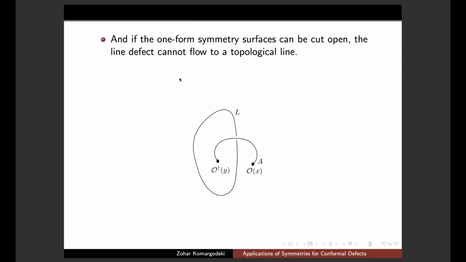A less trivial statement is that if the one-form symmetry surfaces can be cut open, sometimes people say that this means that they're endable, then you can make a much more impressive inference, which is that the line defect cannot flow to a topological line.